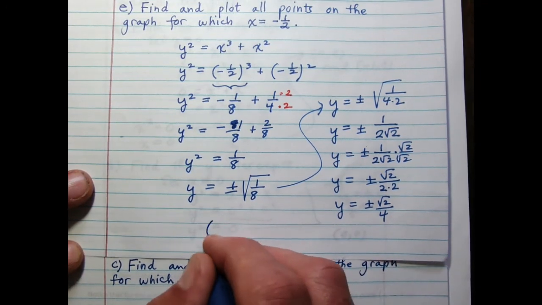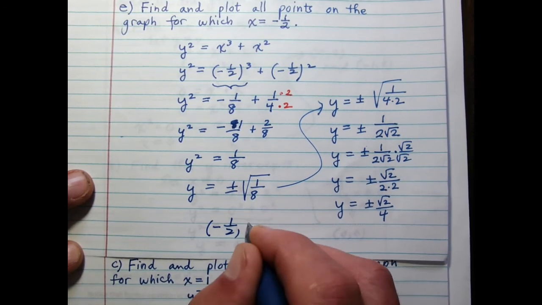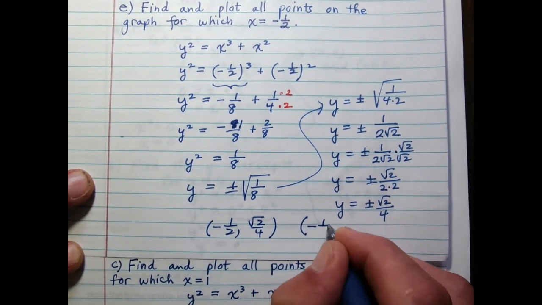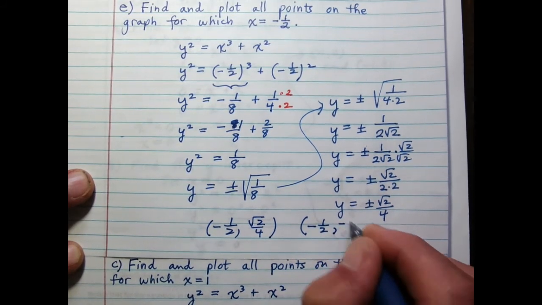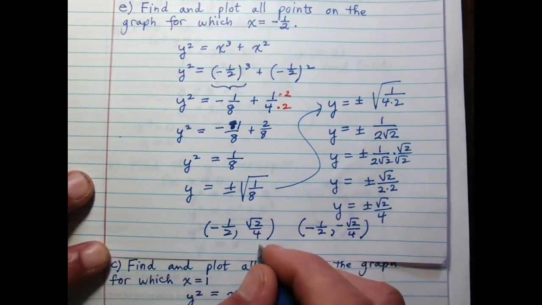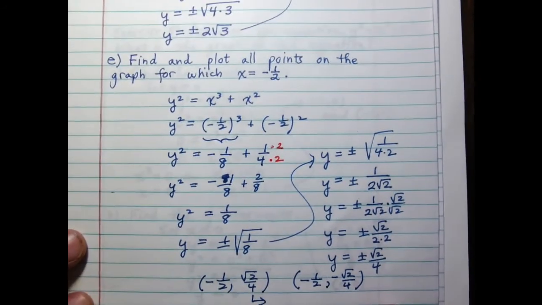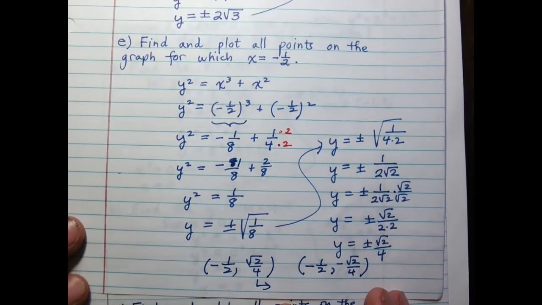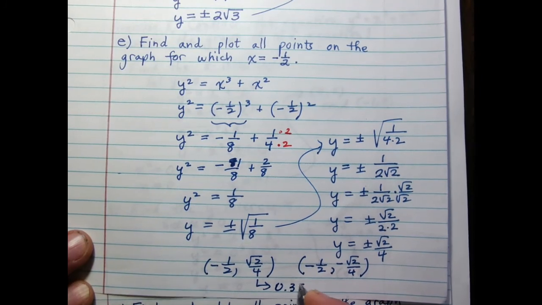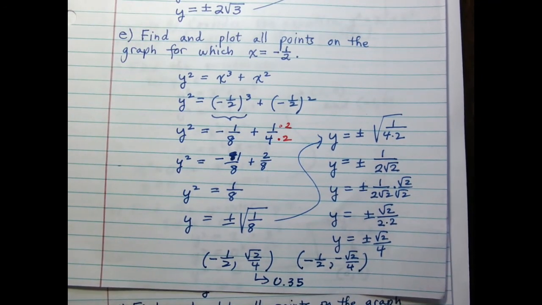So let's see, x was negative 1/2, y is square root of 2 over 4, and we got x equals negative 1/2, negative square root of 2 over 4. And for that square root, I have a decimal on my calculator too. It's about 0.35, so we'll need that to help us plot points. And the point plotting we're going to do in the next segment.